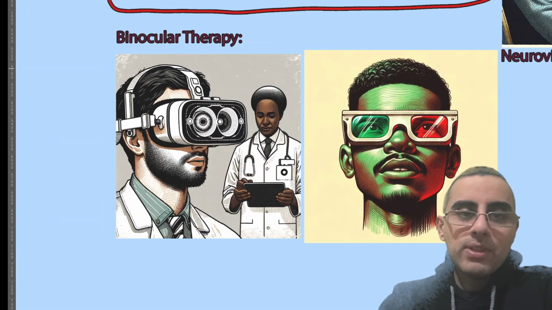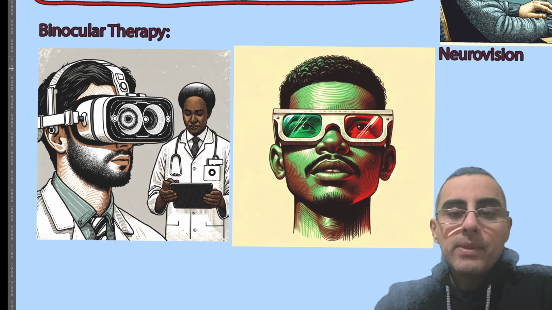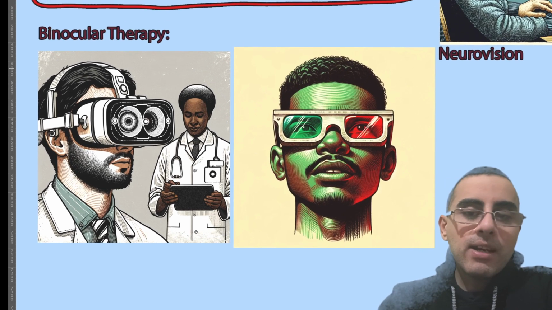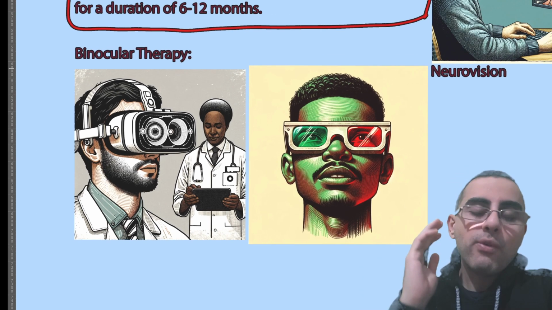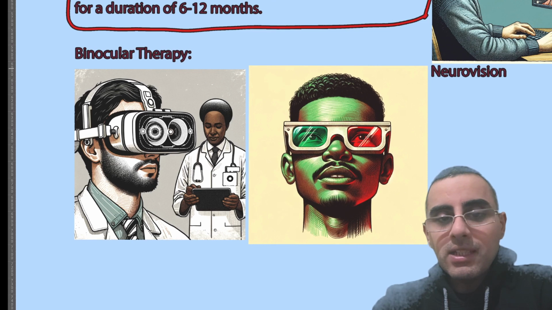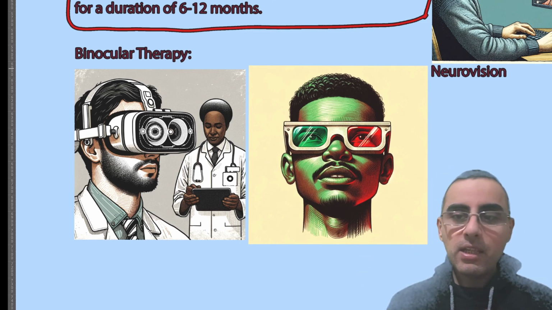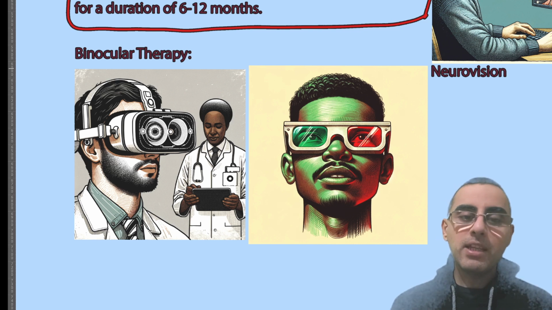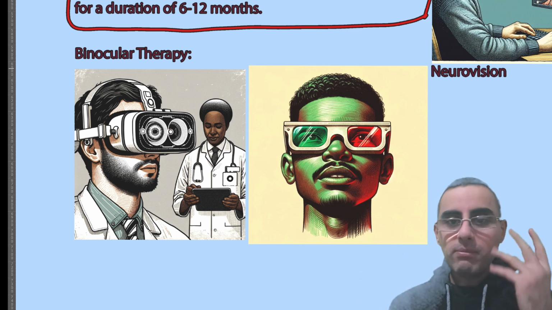Another important method is binocular therapy. Binocular therapy means training both eyes to work together. The idea is simple. Usually it is implemented in virtual reality, and we present 2 images.